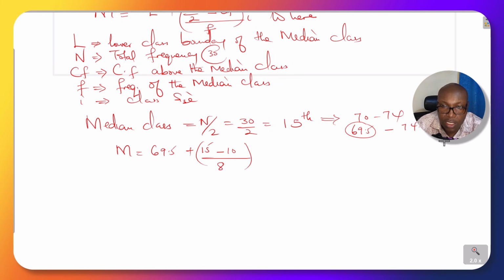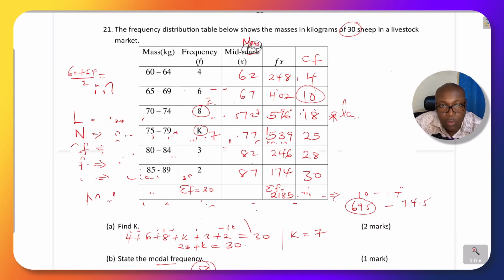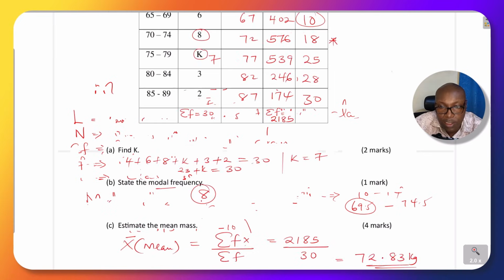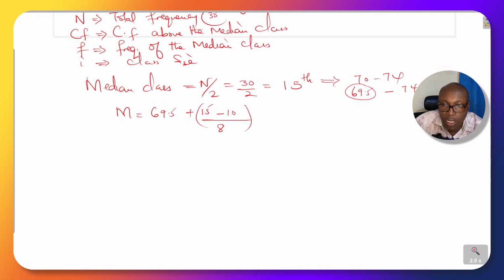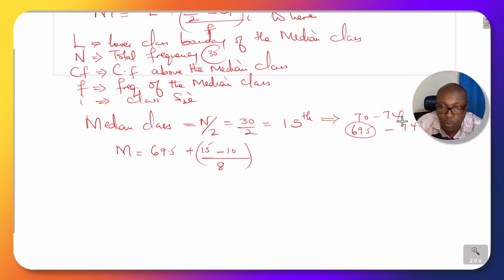I can see all these classes are of uniform class width. So just use one of the classes, like 70 to 74. You simply take the upper class boundary, which is 74.5, subtract the lower class boundary, which is 69.5, and that gives 5.